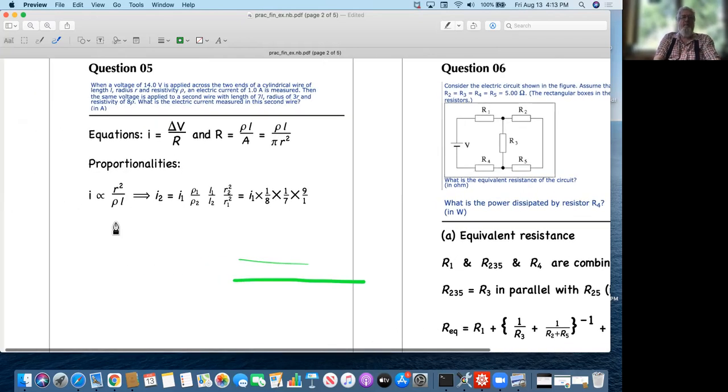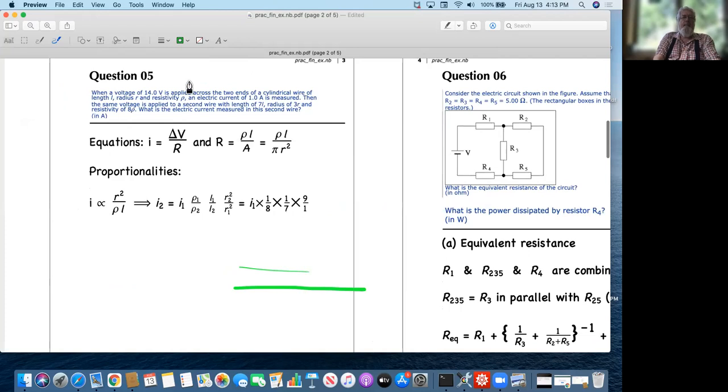Here's another problem involving electricity and electric currents and electric circuits. A voltage of 14 volts is applied across the two ends of a cylindrical wire of length L, radius R, and resistivity rho.